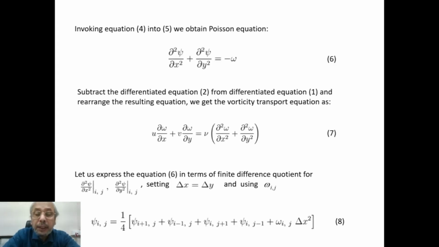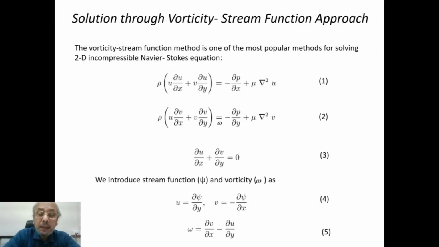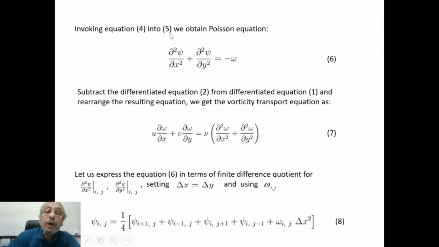Now in omega, where we have written omega equal to del v del x minus del u del y, equation 5, if we substitute equation 4, v is substituted as minus del psi del x and u is substituted as del psi del y, then we will get an equation which is Poisson's equation in psi or stream function.